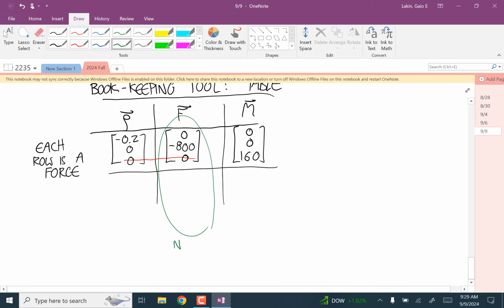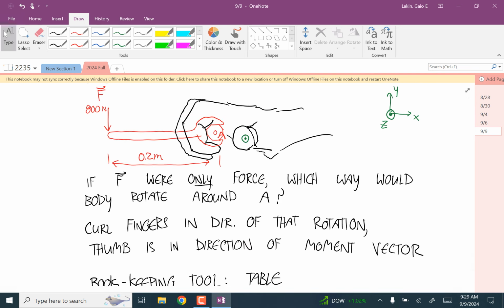So these add up to give you Newton's second law, and all of the moments for the moment equation will be here. I'll call that rotational Newton's second law. And that right-hand rule works in 3D. You can always think of it that way. It's just a little harder to visualize in 3D usually.